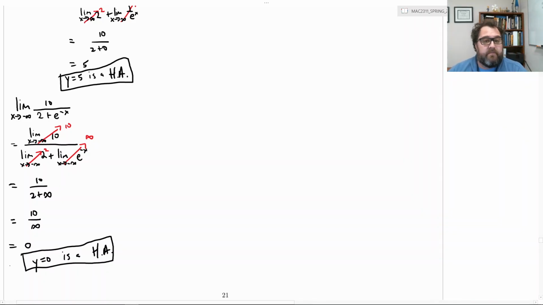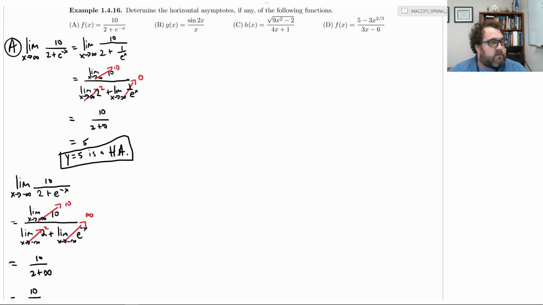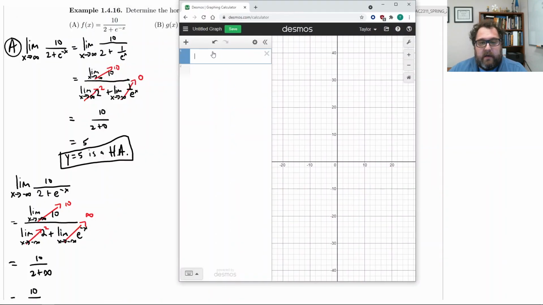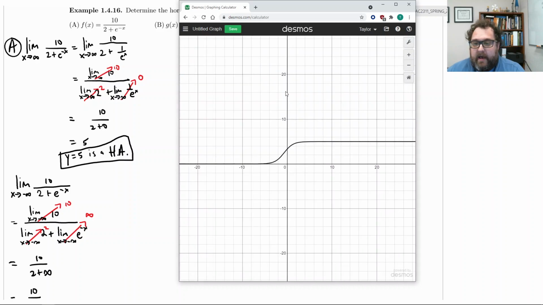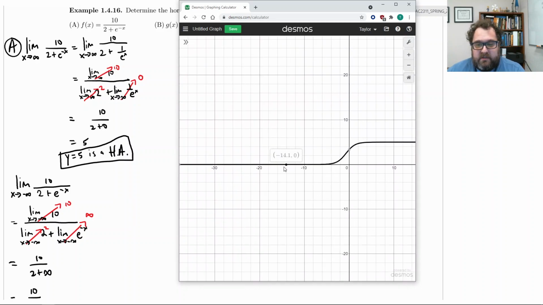Here, let's look at the graph. What was the original? It was 10 divided by 2 plus e raised to the negative x. We can see that as we approach negative infinity, those y values are showing asymptotic behavior, approaching 0. Desmos is actually rounding them to 0.